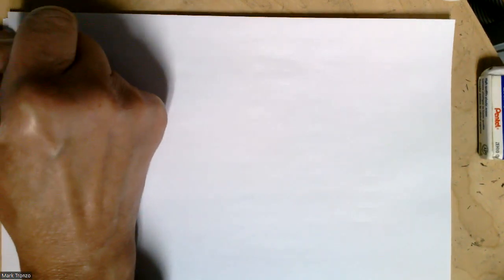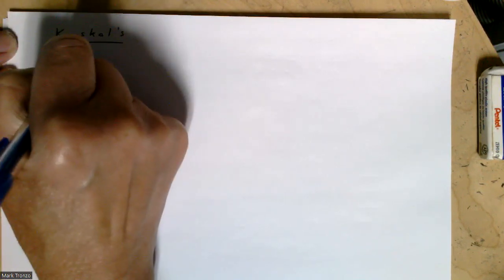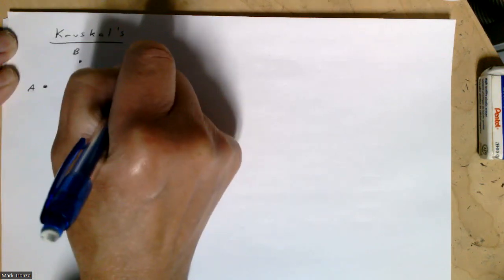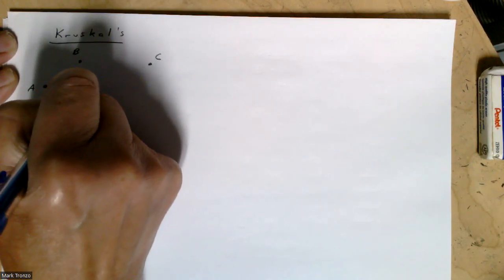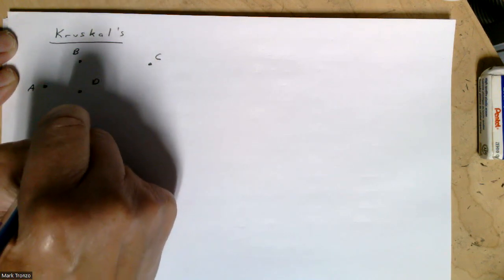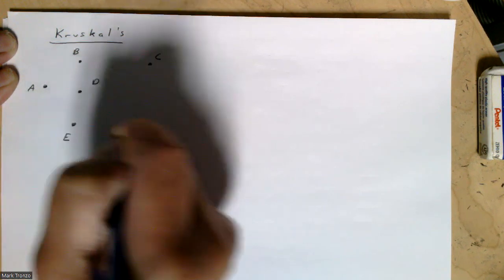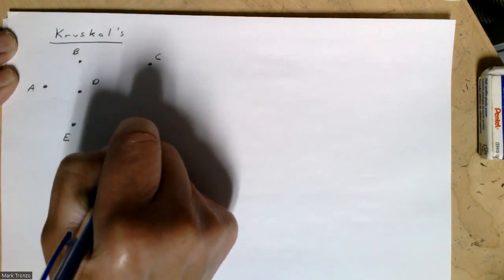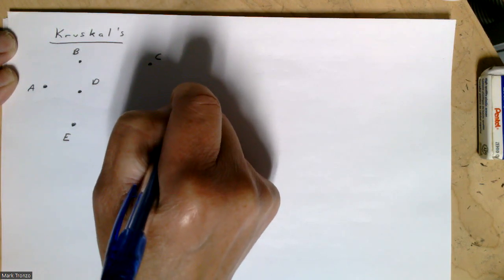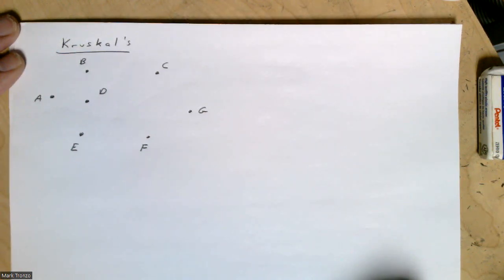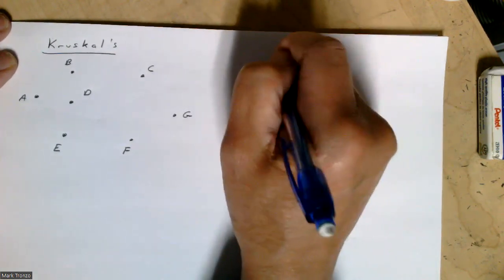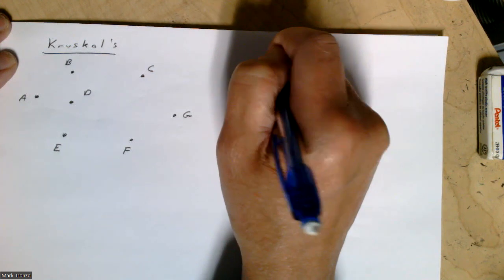Again, we'll use Kruskal's. So again, just like before, put down all the vertices, and then make a little table.